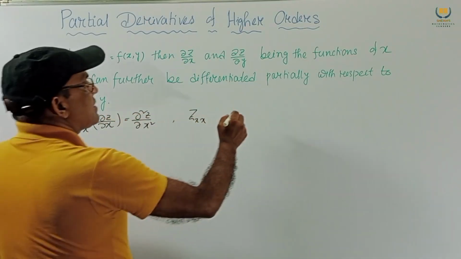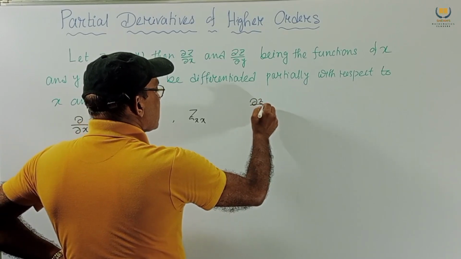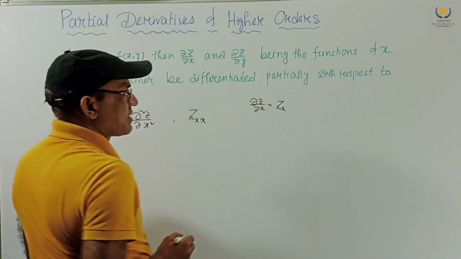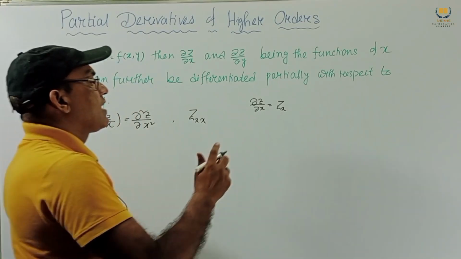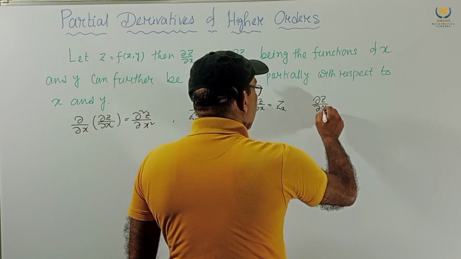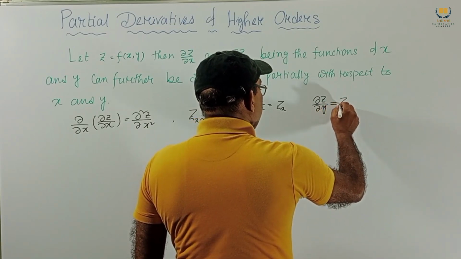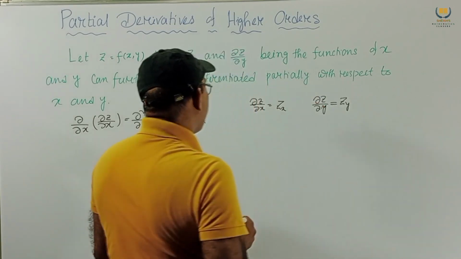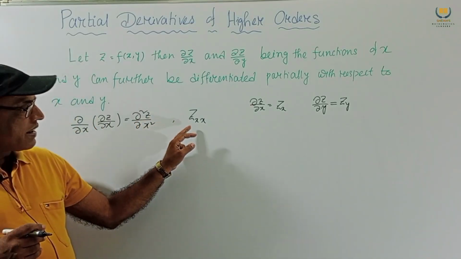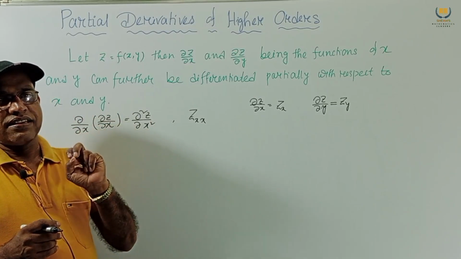Del z del x we can write as z suffix x, and del z del y we can write as z suffix y. If it is second order derivative, then we write z x x.